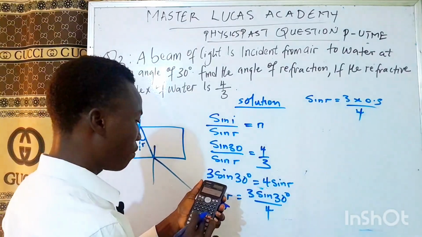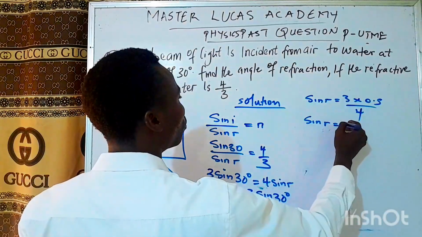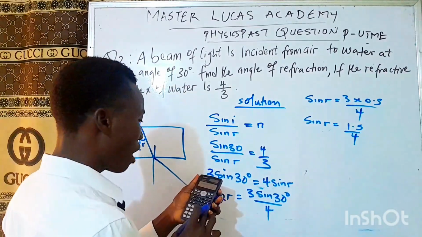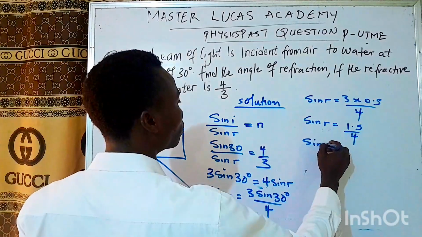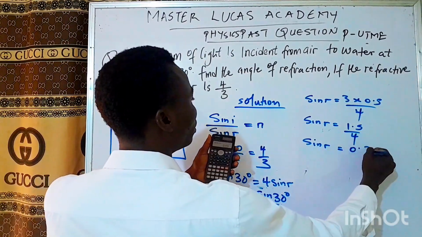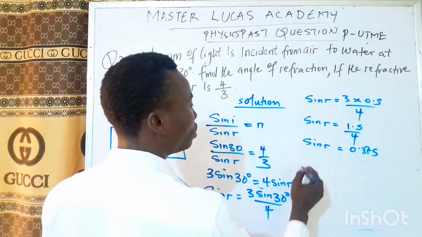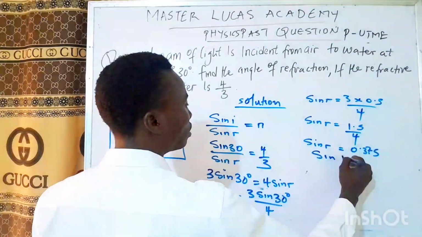When you multiply the value here by 3, this will give you sine r equals 1.5 divided by 4. So 1.5 divided by 4 will give you the value of 0.375. So what are we going to do next? You look for the sine inverse.